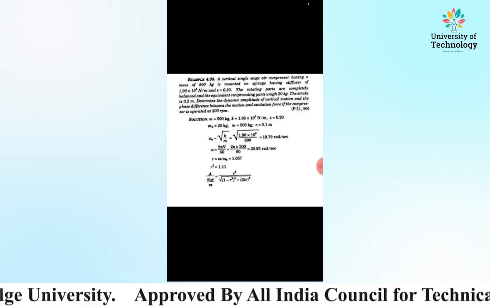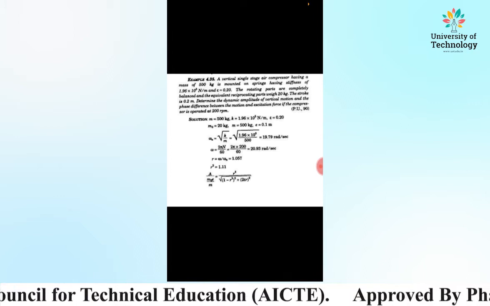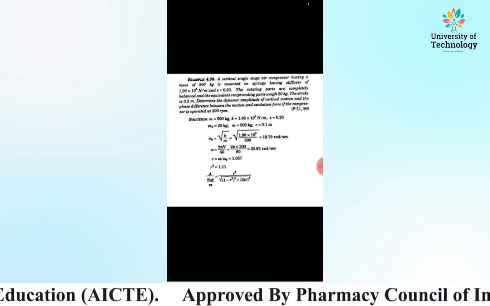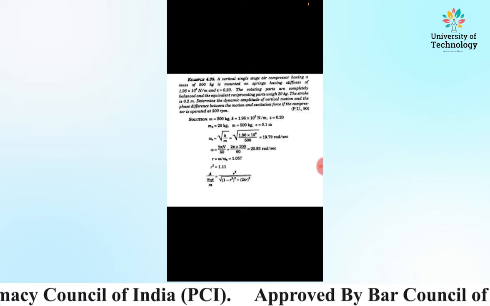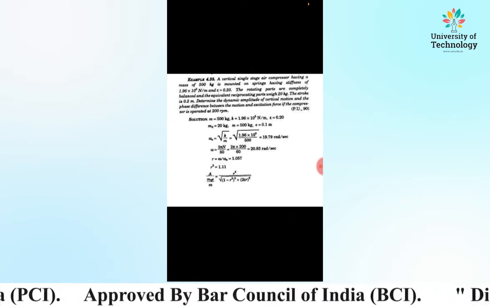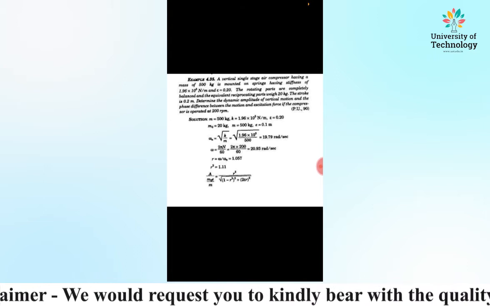Omega is equal to 2 pi N divided by 60, where N is equal to 200 rpm, so the value of omega will be 20.93 radian per second, and the ratio of omega by omega n is equal to 1.057, and the square of this is equal to 1.11.